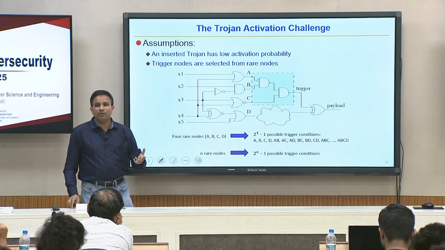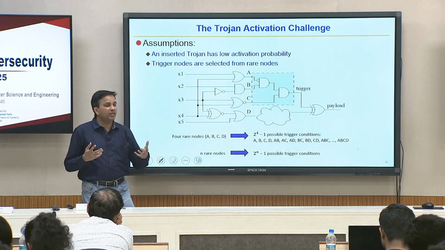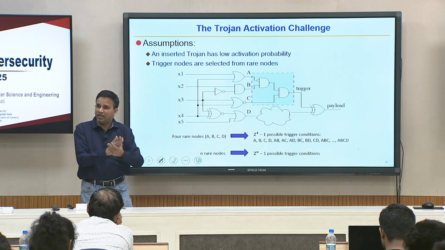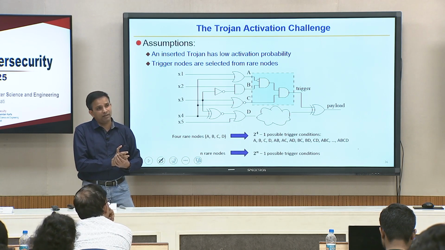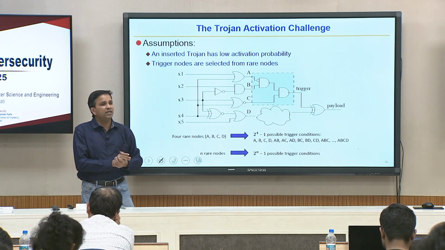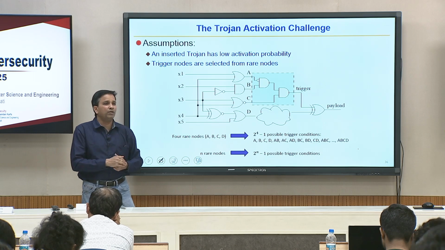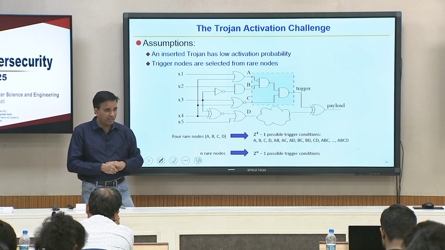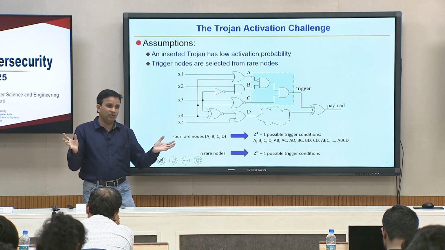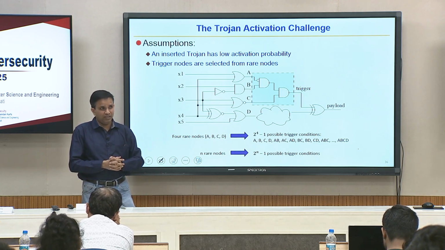And where does this n come from? You simulate, you see how many times each signal is 0 and 1, you put a rareness threshold, and anything below that threshold you call rare. So, in a million gate design, if you have a rareness threshold of 0.1, about thousands of signals would be rare, 2 to the power 1000, you get the feeling. There is no way you will be able to consider all these scenarios and generate tests for them.